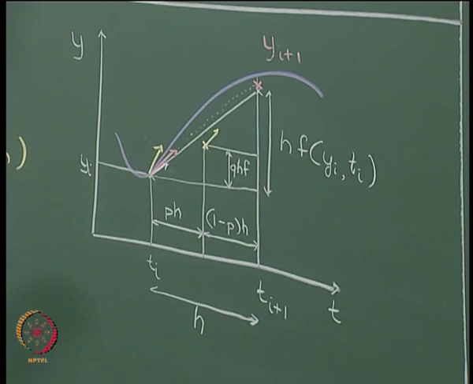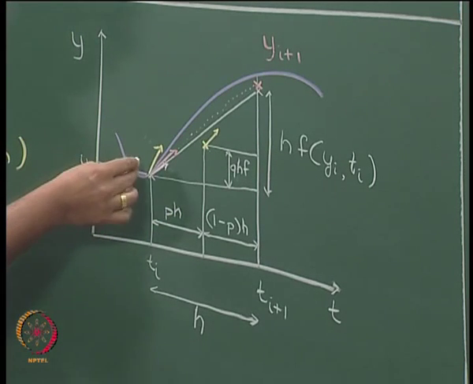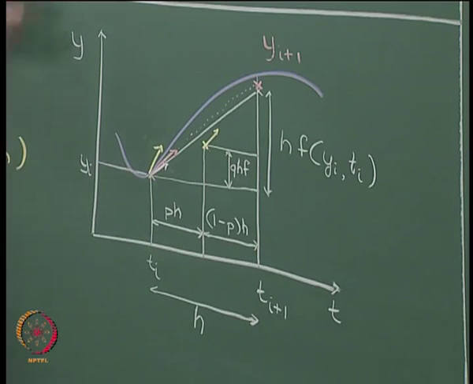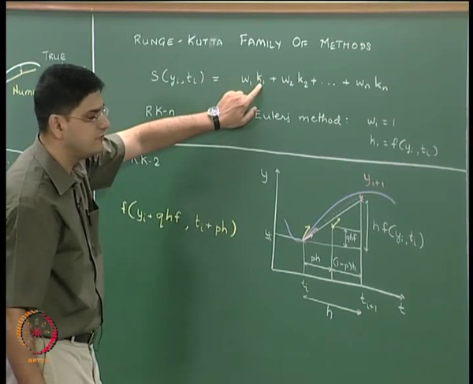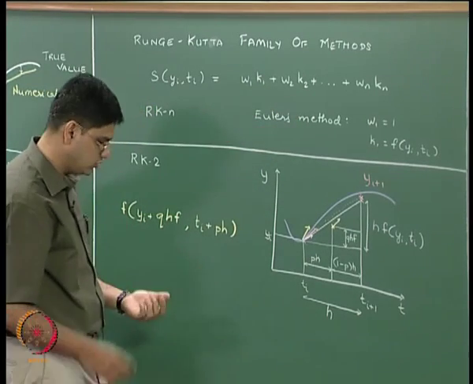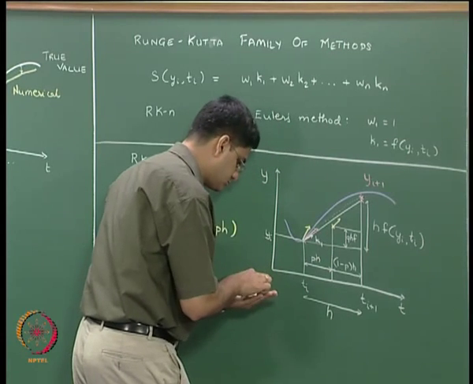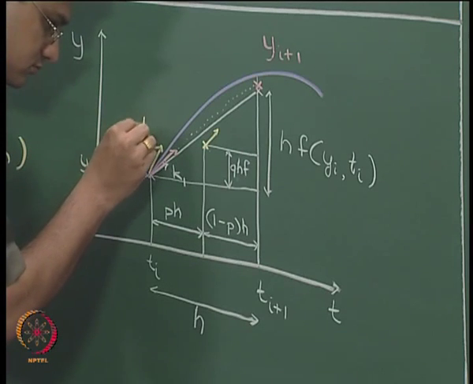Okay. The red arrow that I have shown over here is a weighted sum of the white arrow, w1 multiplied by the white arrow, plus w2 multiplied by the yellow arrow. Okay. So, the white arrow we are going to represent as k1 and the yellow arrow we are going to represent as k2. Okay.